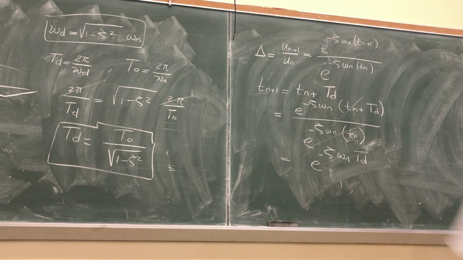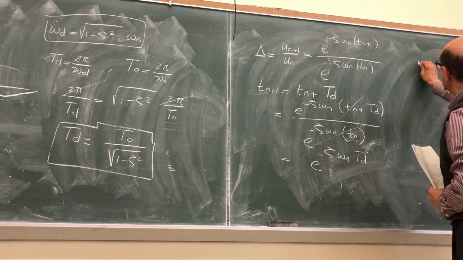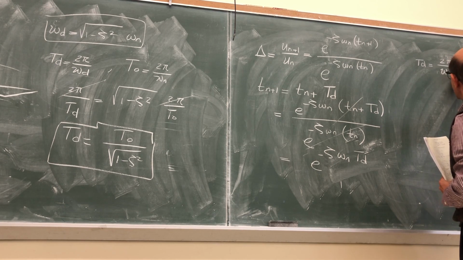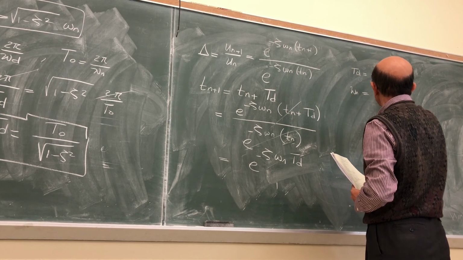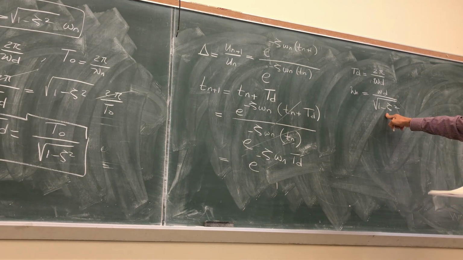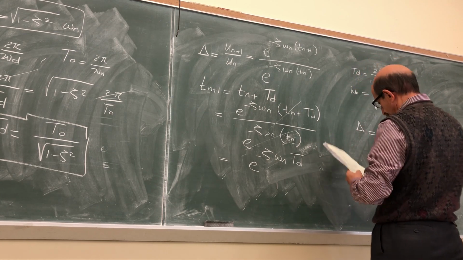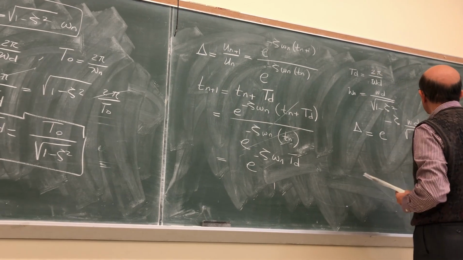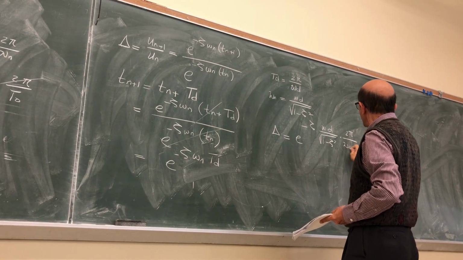So if you now substitute for that in there, given that Td is 2 pi over omega d, and of course omega n is omega d divided by square root of 1 minus zeta squared, I will substitute these in here, and what you get is delta would be e to the minus zeta omega n times 2 pi over omega d.